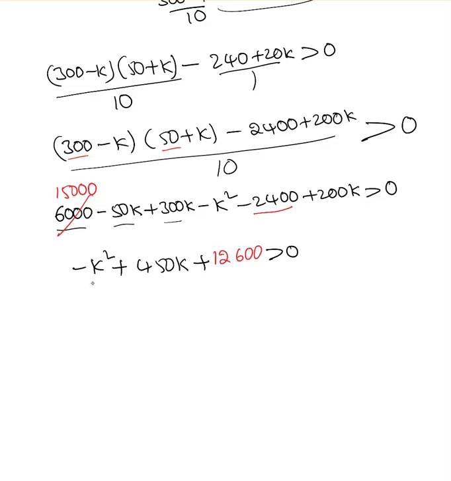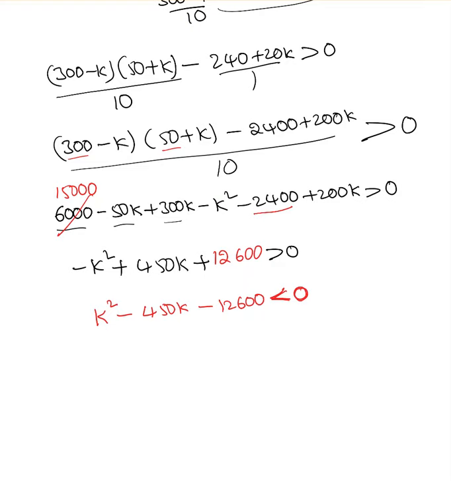Okay, so minus k square plus 450k plus 12,600 must be greater than 0. Or if I multiply this by the negative, then k square minus 450k minus 12,600 must be less than 0.